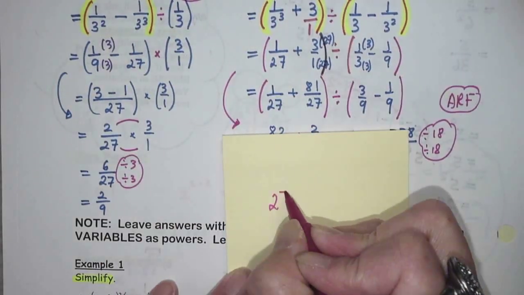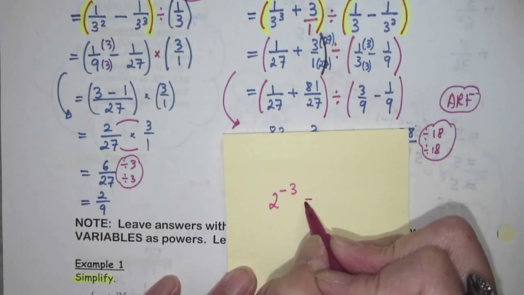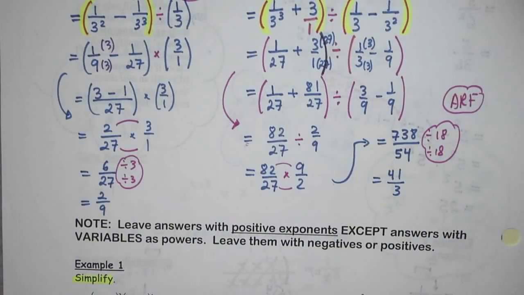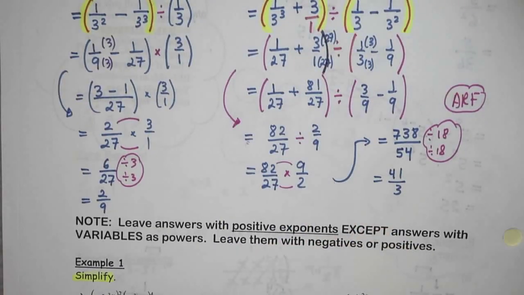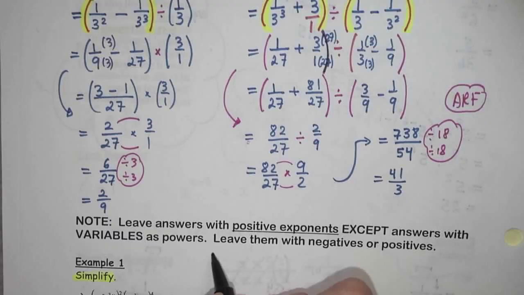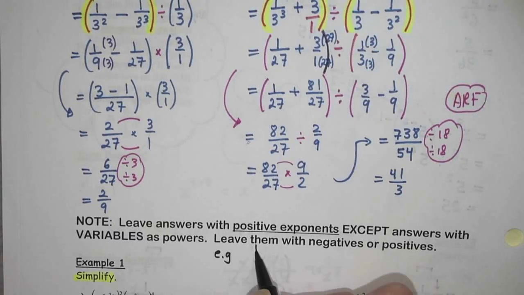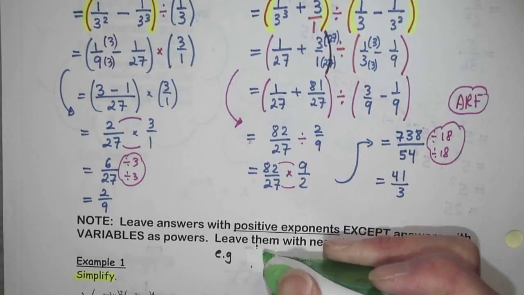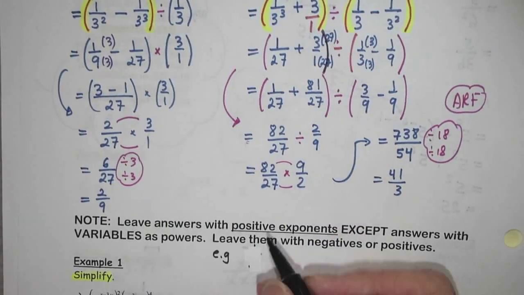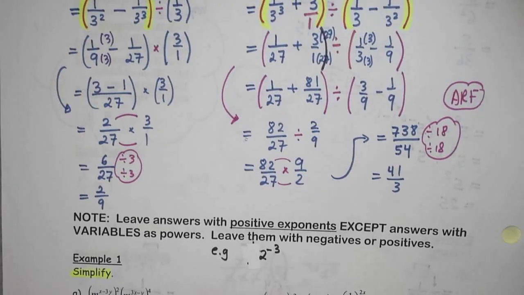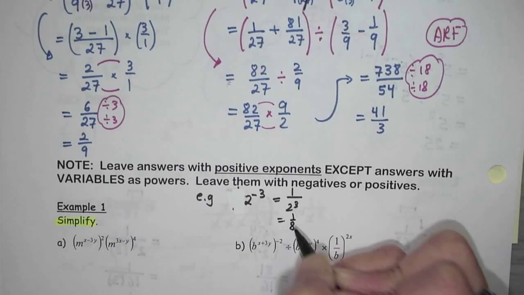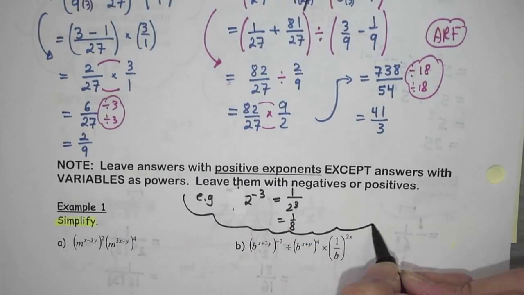If I got a question and 2 to the negative 3 was my answer, I don't want you to leave it like that. You would finish it up by saying 1 over 2 to the 3, which is 1 over 8. Okay, so that's what I mean. So leave it like this.